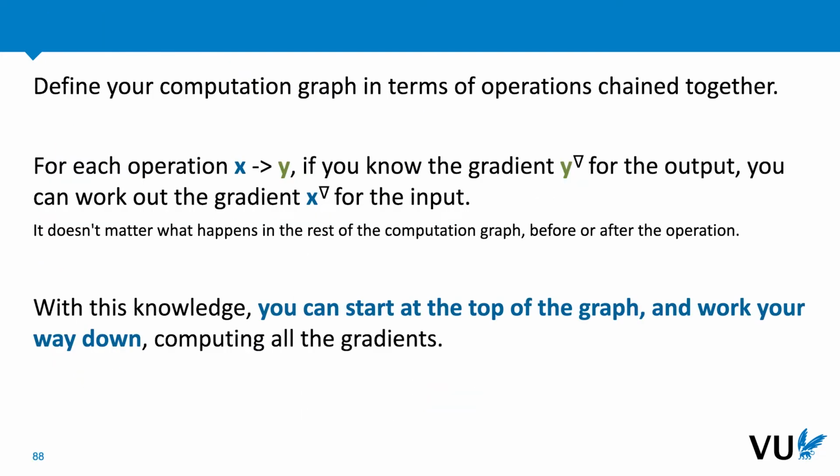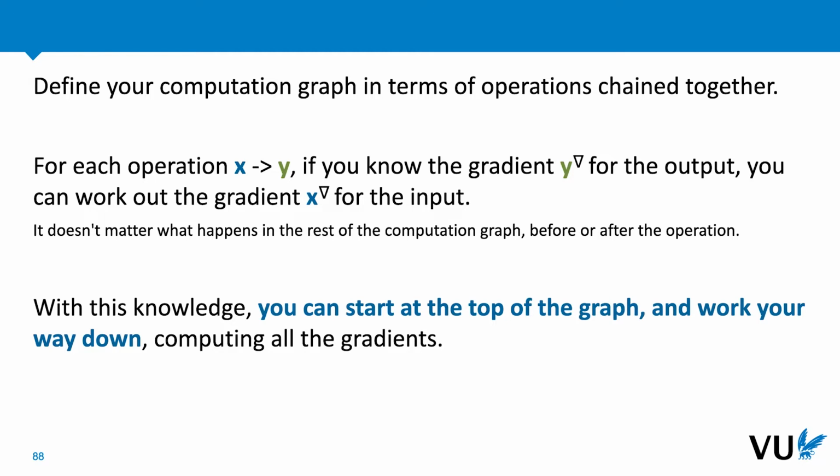So here's the basic recipe that we're going to work out. We start by defining a computation graph in terms of operations that are chained together. For each operation that takes x as an input and y as an output, if you know the gradient y nabla for the output, you can work out the gradient x nabla for the input.